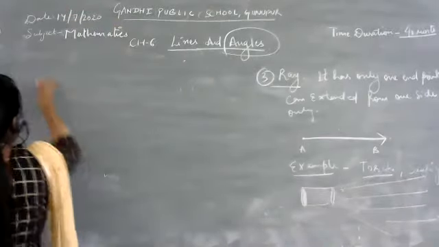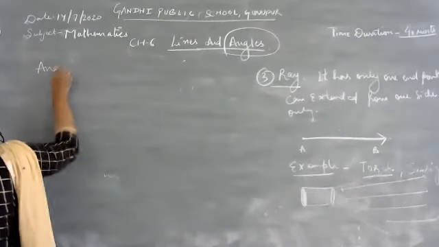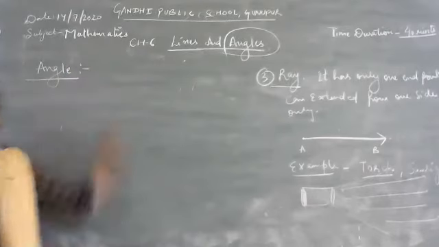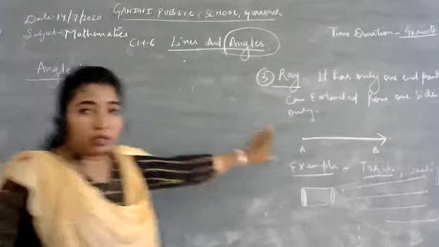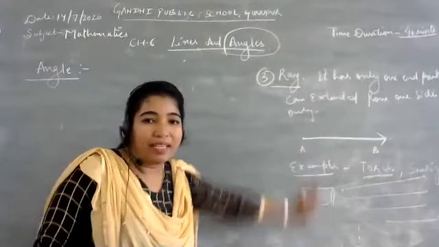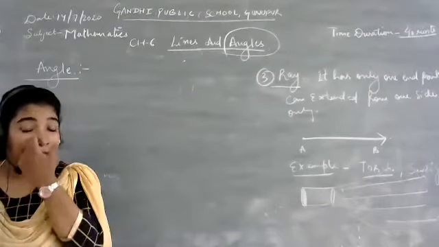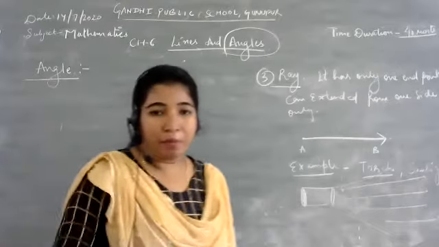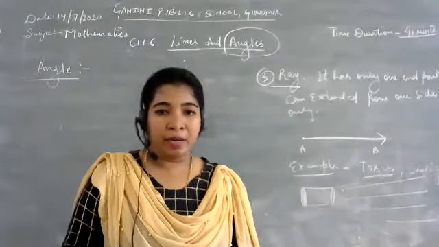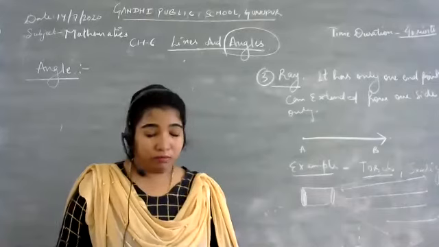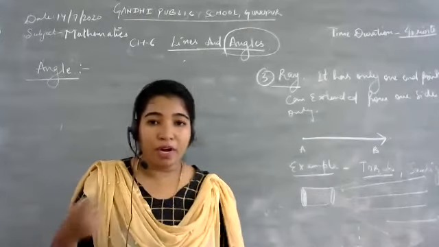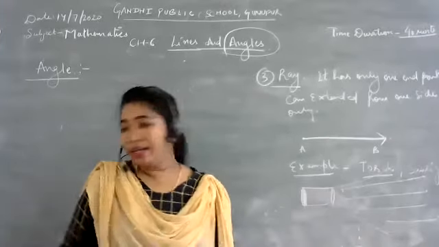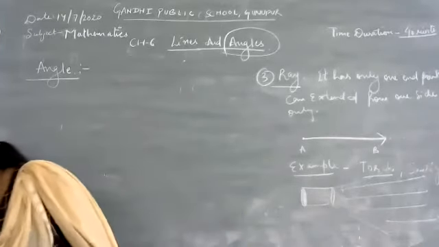Angle. First of all, let us revise the ray. A ray has only one end point and can be extended infinitely from one end. So what is an angle?